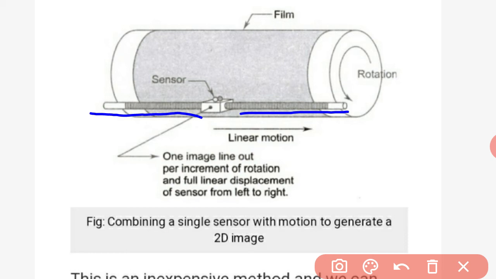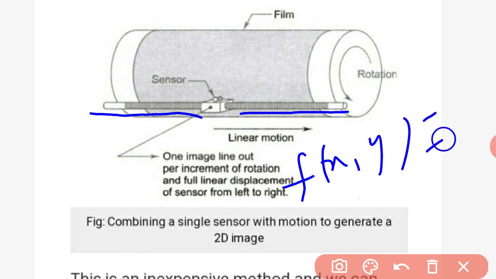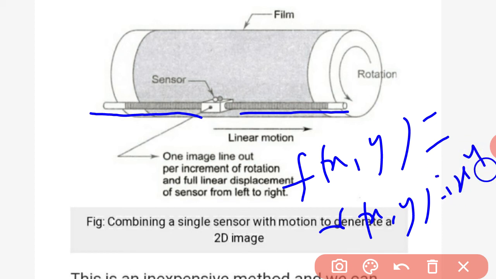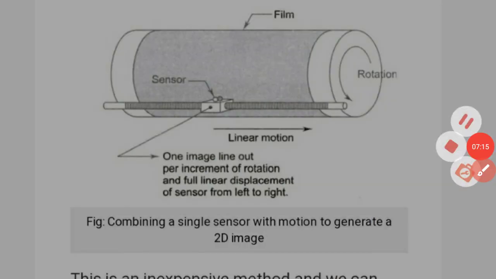So any kind of two-dimensional image we write as f of x comma y, which is equivalent to r of x comma y multiplied by i of x comma y, whereas r of x comma y is our reflectance and i of x comma y is our illumination of the light source. So we can form our digital image, that is the two-dimensional digital image, by using this.